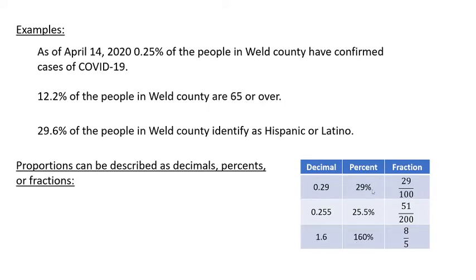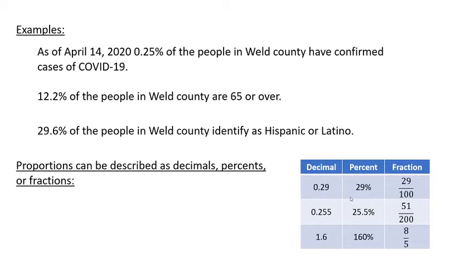In the same way, we can also convert either one of these to a fraction. Probably easier to go from a decimal to a fraction. The way to convert a decimal to a fraction is just to think to yourself, what's a way to say this other than 0.29? Well, the rightmost decimal place is the hundredths place, so the way that we might say this is 29 hundredths.